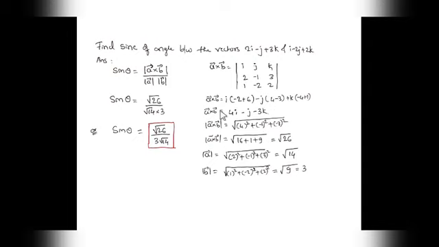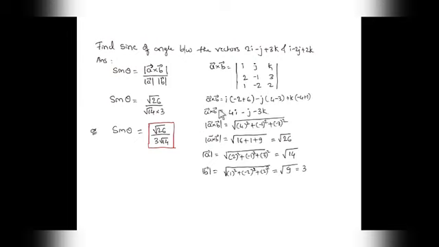Now vector A cross vector B is equal to 6 minus 2 is 4i minus 4 minus 3 is 1, minus 1j, minus 4 plus 1 is -3, minus 3 into k is -3k.